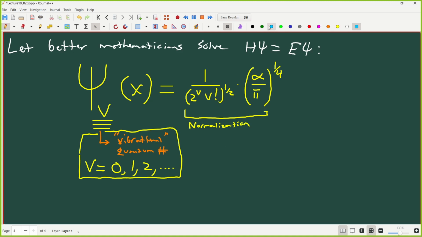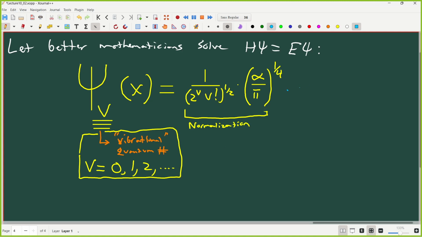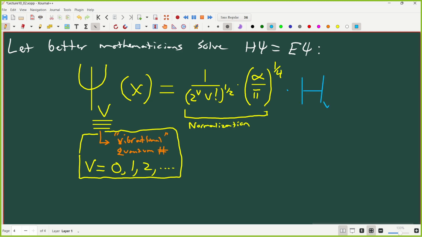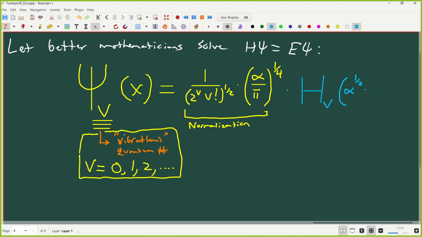Let me just finish it. And then what we do is we multiply this number by a special kind of function, a named function called a Hermite polynomial, which I denote as H sub v. And it takes in, as its variable, the square root of this alpha number times x.